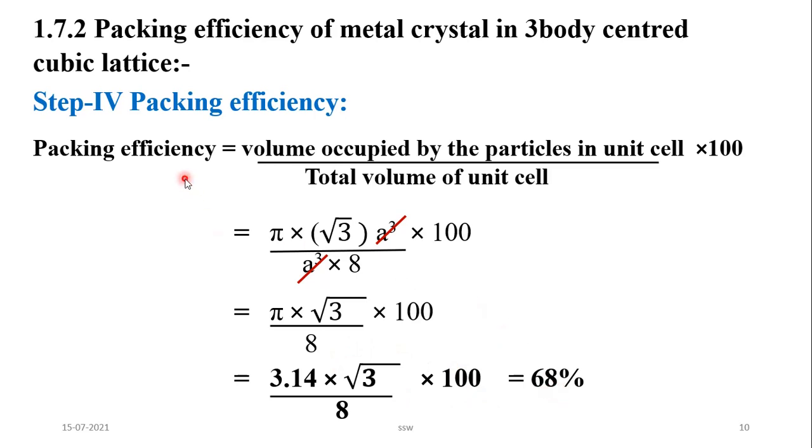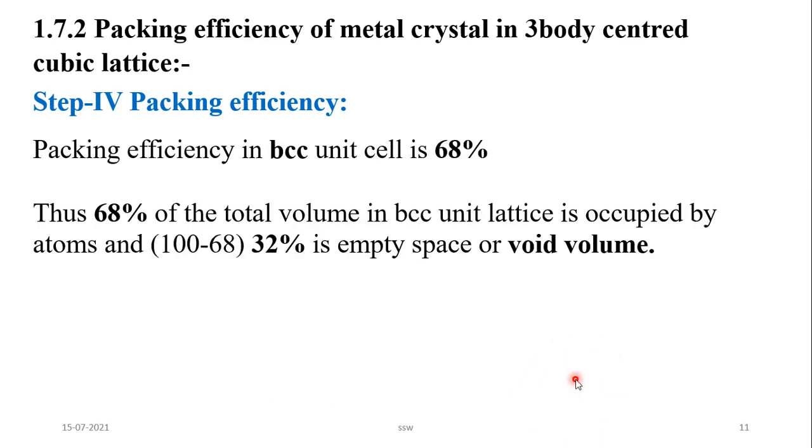So packing efficiency of metal crystal in body centered cubic lattice is how much? 68%. So here the packing efficiency in BCC unit cell is 68%.